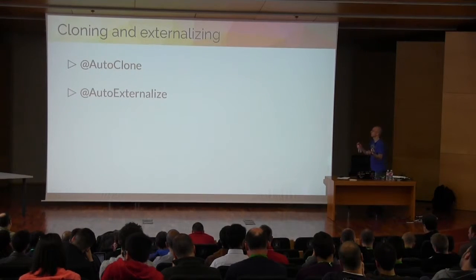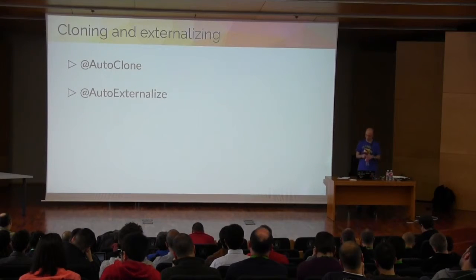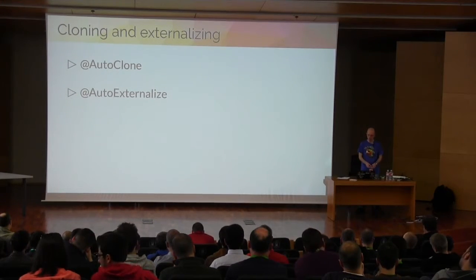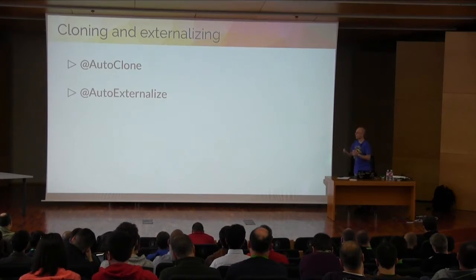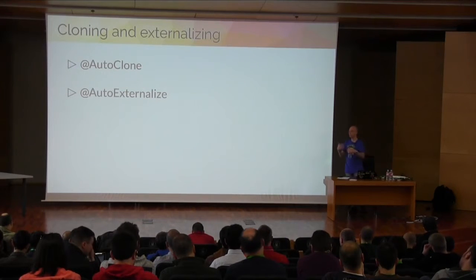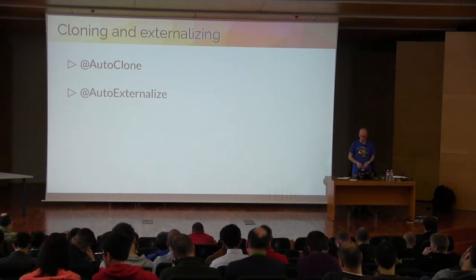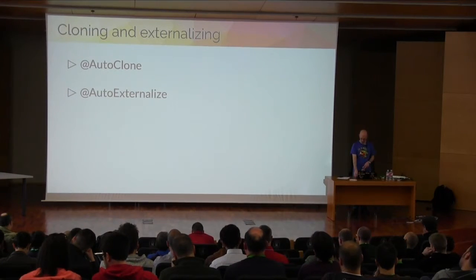It has a lot of configuration. And with the @AutoExternalize annotation, it adds the two methods that we need to implement when we implement the Externalizable interface: writeExternal and readExternal.